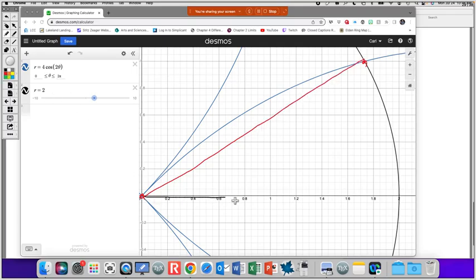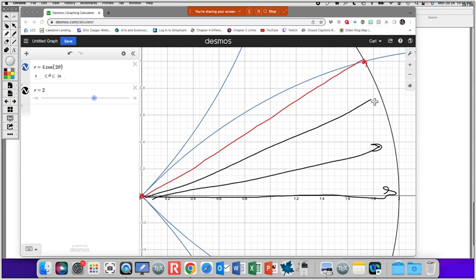The first piece, we're going from the origin out to r equals 2. And then the second piece, we're going from the origin out to the other curve. You see why there are two parts to this or not, folks? Okay, so you're always going from the origin out, sketch it out.